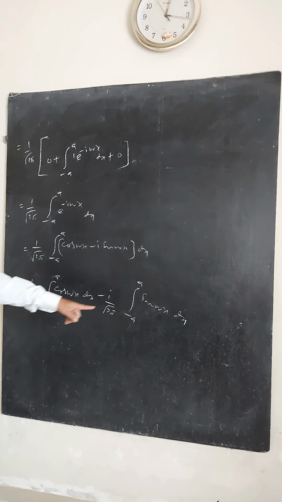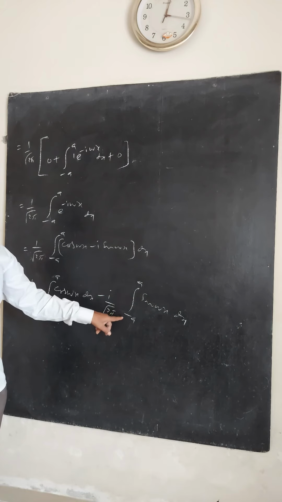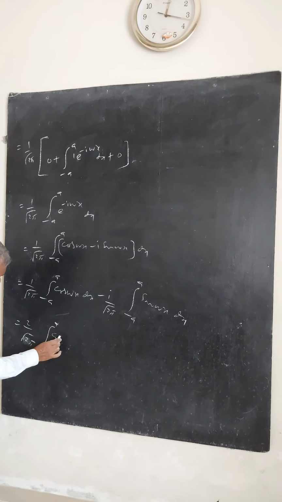I already told you sin will give negative outside, therefore this odd function always becomes 0 when the limit is from negative to positive. Cos won't give negative outside, therefore it is an even function, therefore twice of 1 by root of 2 pi integral 0 to a cos omega x dx minus 0. This is entirely an odd function.